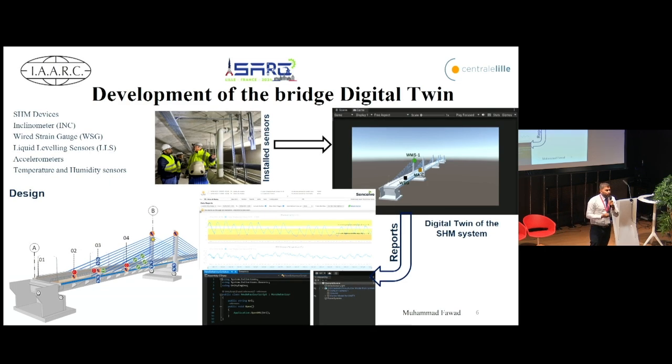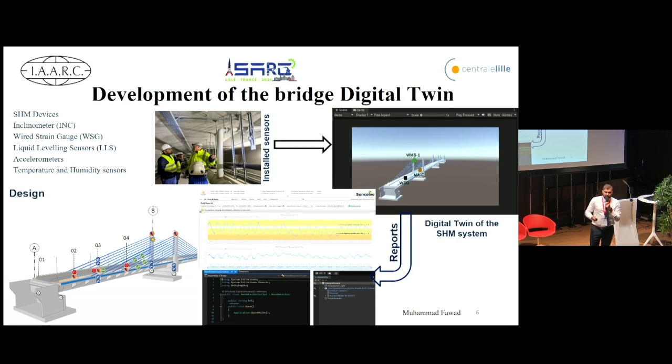Because for the digital twin, there is a two-way communication which is actually needed. Once we have the two-way communication established between the physical structure and the virtual counterpart, it means that the physical structure is sending the information based on the installed sensors to the virtual counterpart, and the virtual counterpart, which is the digital twin model, processes that information.